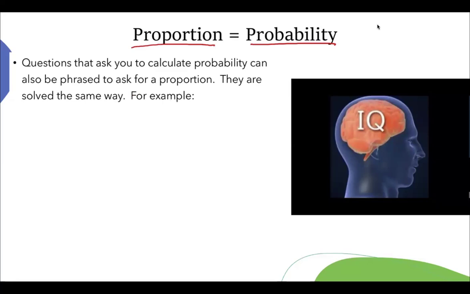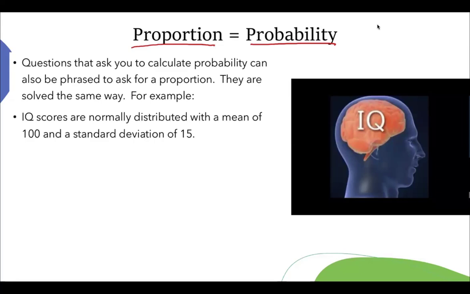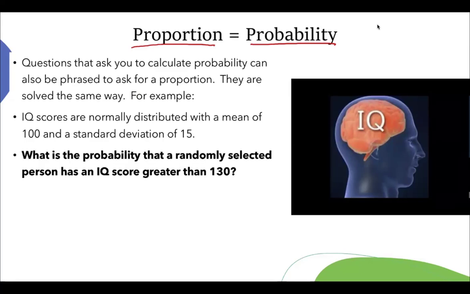Questions that ask you to calculate probability can also be phrased to ask for a proportion, but they're solved in the same way. For example, IQ scores are normally distributed with a mean of 100 and a standard deviation of 15.